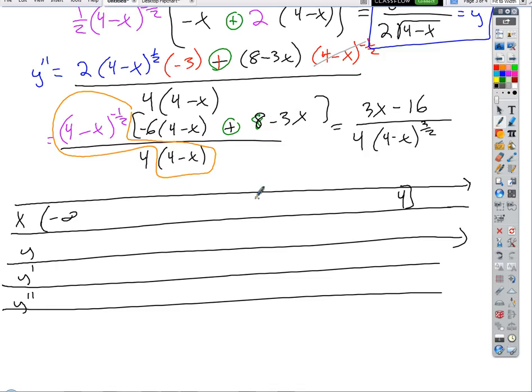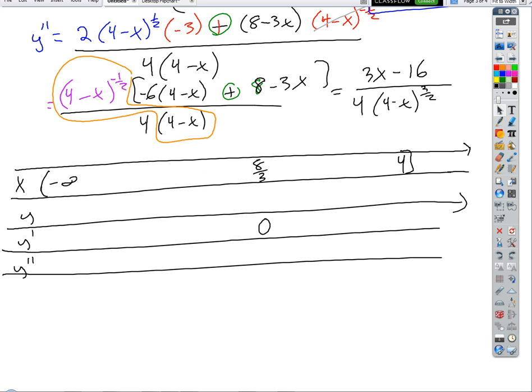So we'll put it right there. So that's going to be a 0 of the first derivative, right? Okay. 4, if we want to do this, it's undefined. Oops, sorry, not there. Well, actually, no, it's not. Never mind, right there.